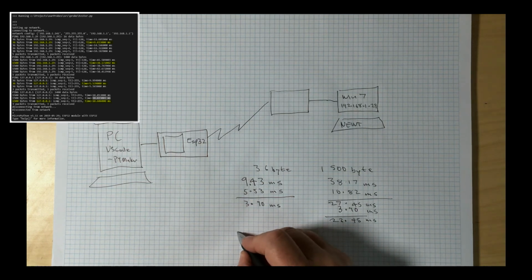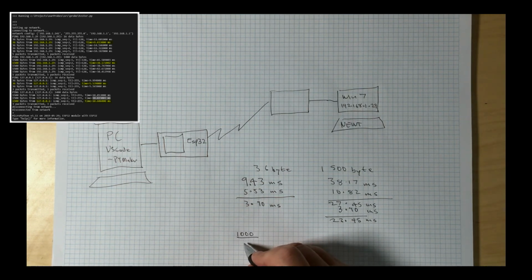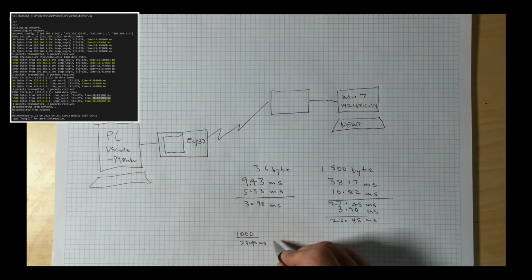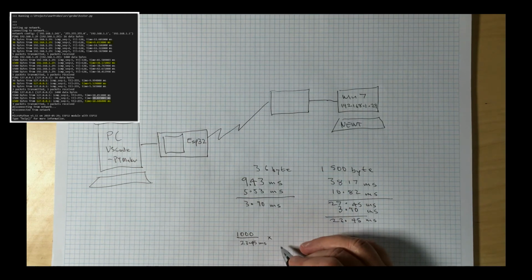So to calculate the bandwidth, I'm going to divide 1000 milliseconds by 23.45 milliseconds. That will scale the time up to a second rather than 23.45 milliseconds.